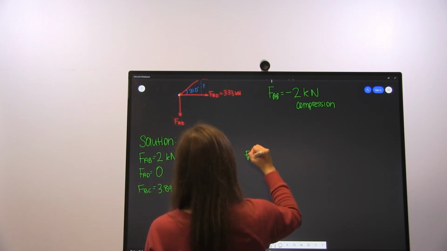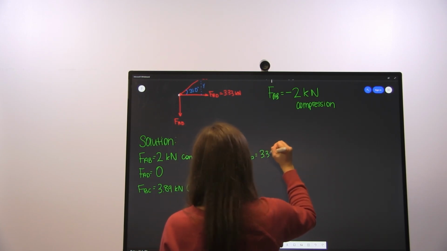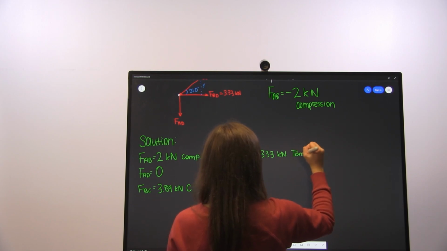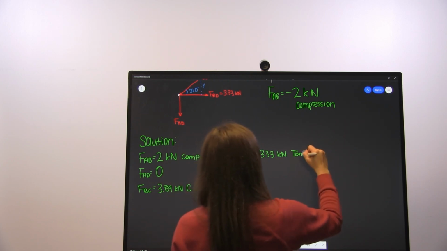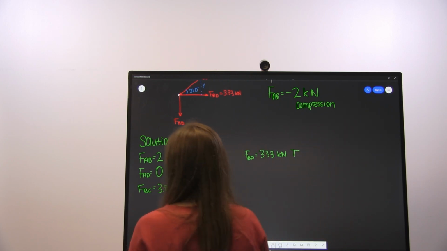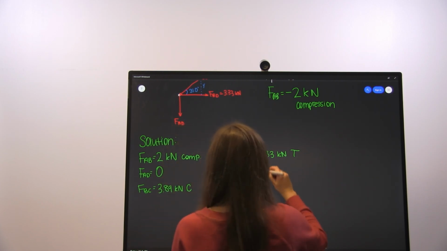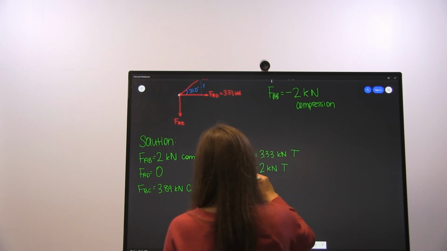Force BD was equal to 3.33 kilonewtons tension. I'll just write a C or a T for tension, so tension. Force CD was equal to 2 kilonewtons tension.